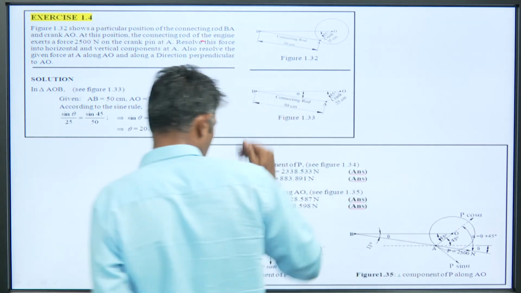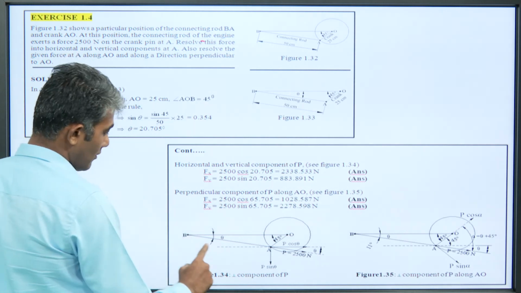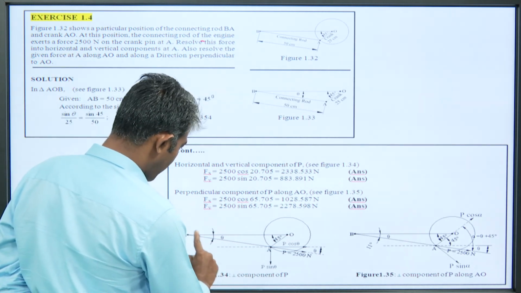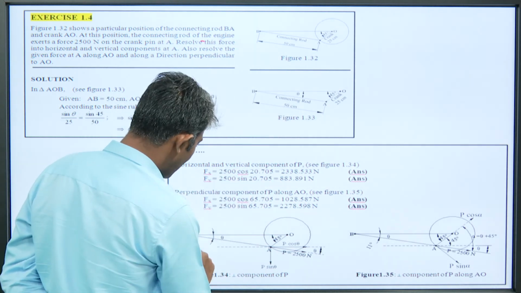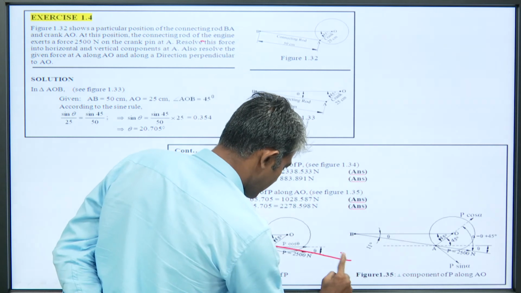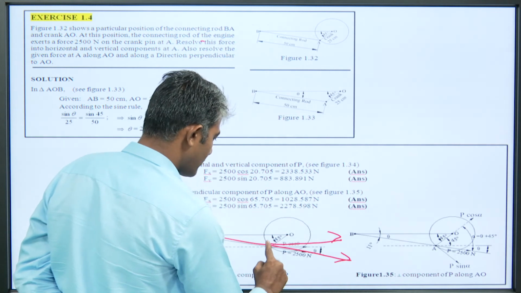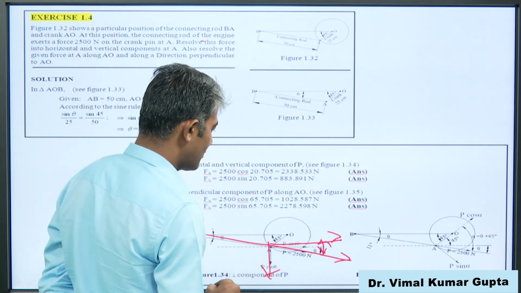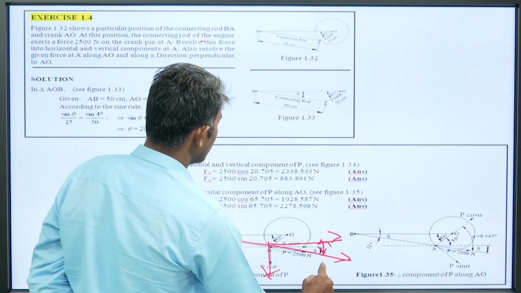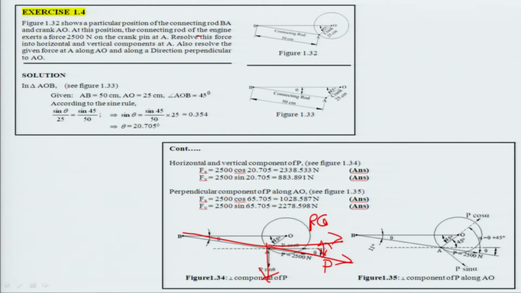So, two different diagrams are made here. For the first part, the force is acting along this connecting rod, so the horizontal and vertical components are as shown. If we know this value of theta, and suppose this value is P, then this component will be P cos theta and this is P sin theta.